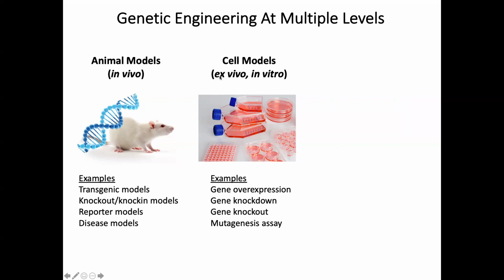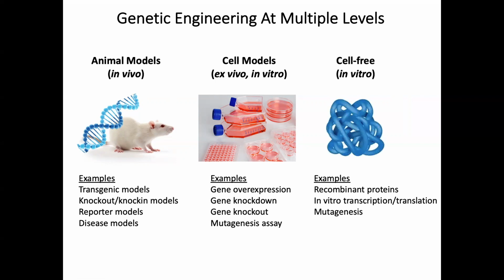The ex vivo shown here means primary cells are isolated from animals or human beings and used in the in vitro experiments. Scientists also perform cell-free experiments using recombinant proteins or synthesized DNA and RNAs. Okay, so these are also in vitro work.